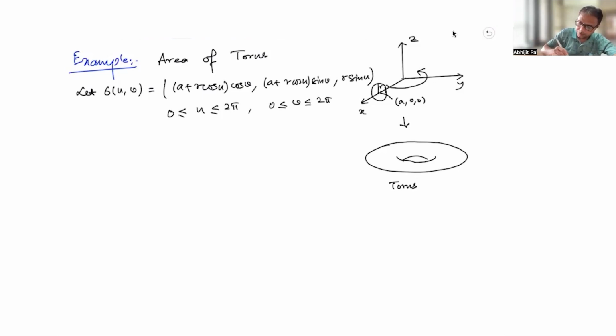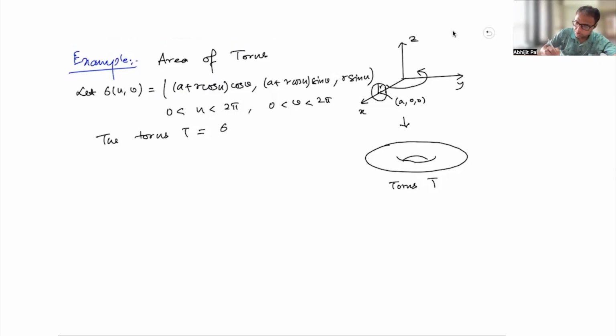Okay. So let us call this torus T. In fact, if I ignore the boundary points, let us take 0 less than u less than 2 pi, and 0 less than b less than 2 pi.